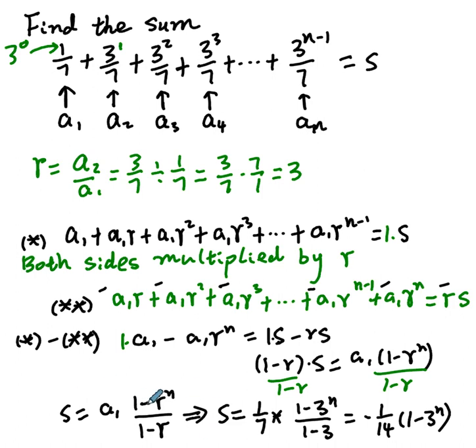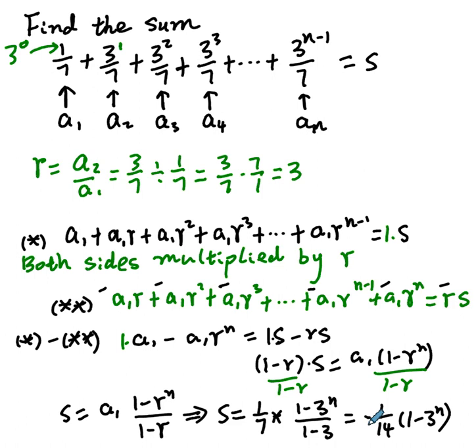Okay, and then we plug in our concrete numbers right here. We know A1 is 1/7 here, and R we know is 3. So we have 1 minus 3 to the nth power divided by 1 minus 3. 1 minus 3 is on the denominator, which is -2 times 7.